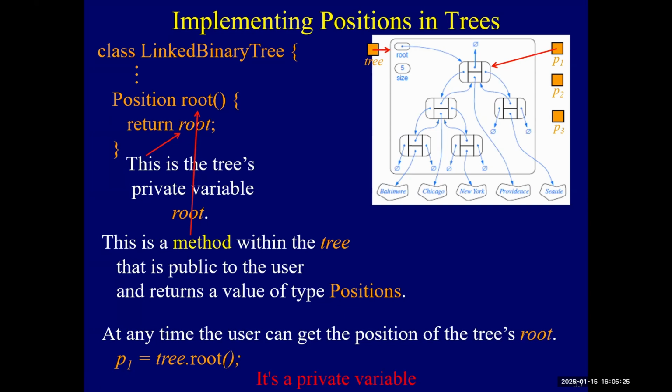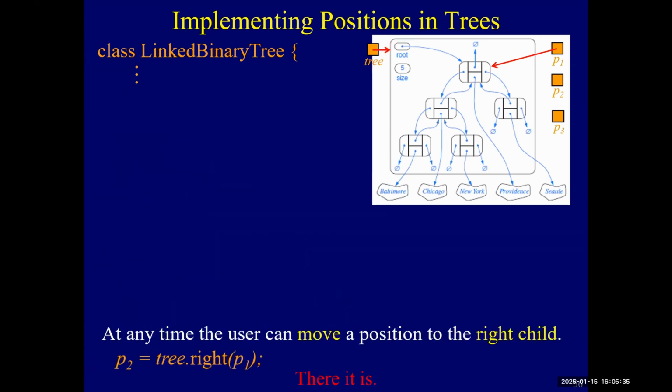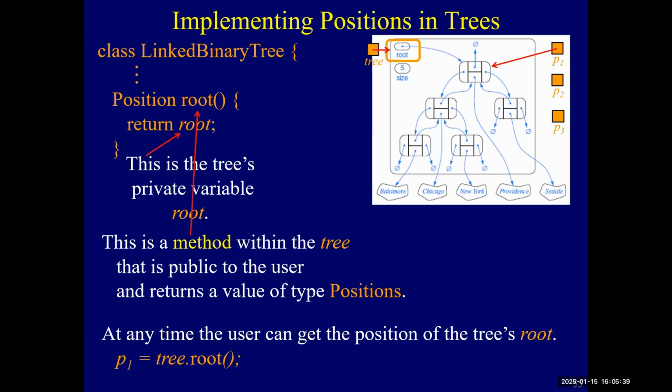It's a private variable, and it's of type node. I remember the problem, right there it is. See, it's returning a position, even though root is of type node.